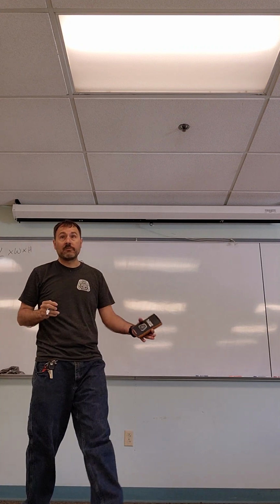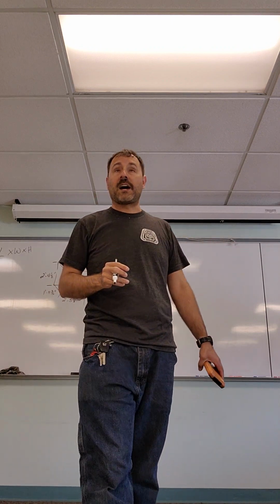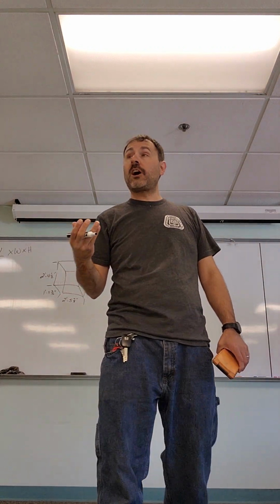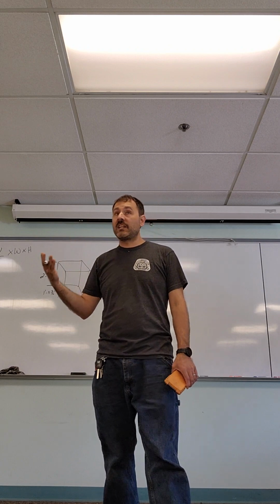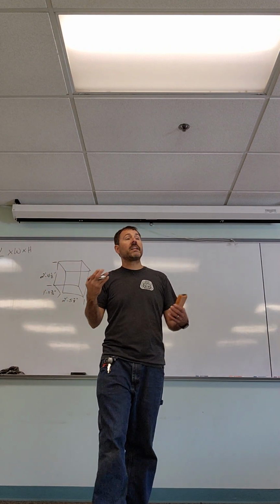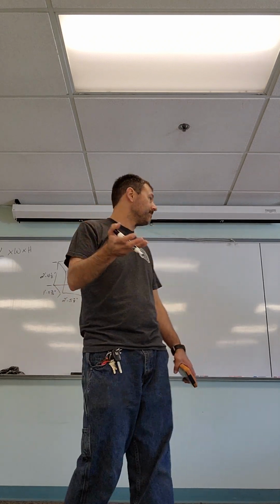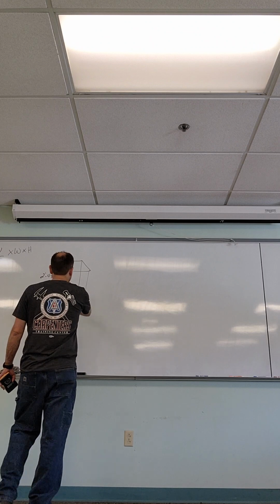Now, I don't know about you, but I don't know all of these decimal equivalents off the top of my head. And if we're going to convert all these over from feet and inches and fractional inches over to all inches, we're going to need to know what those decimals are so that we can properly put it in the calculator.